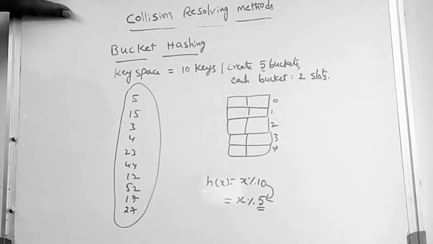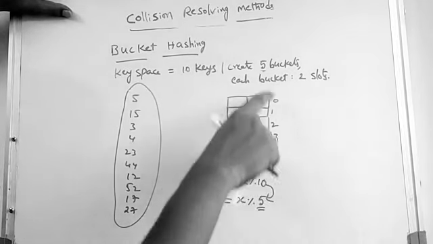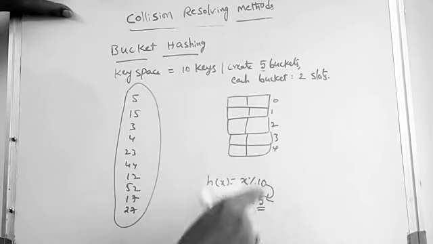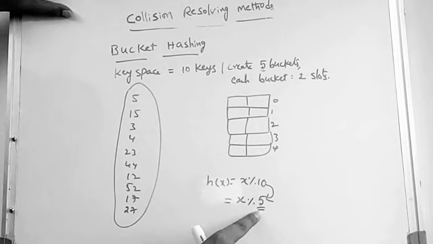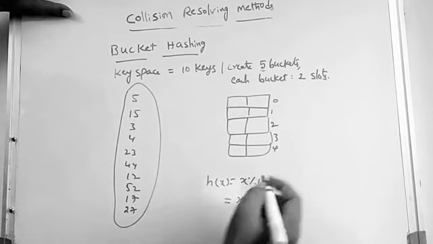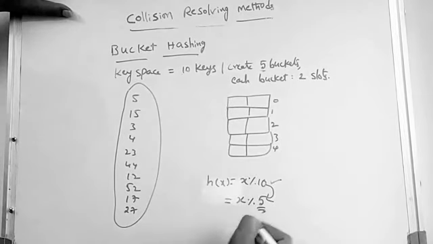If it is 6 buckets, it is modulo division by 6; for 10 buckets, 10; for 5 buckets, 5. This is a default formula, but based upon the number of buckets, this value is changed.